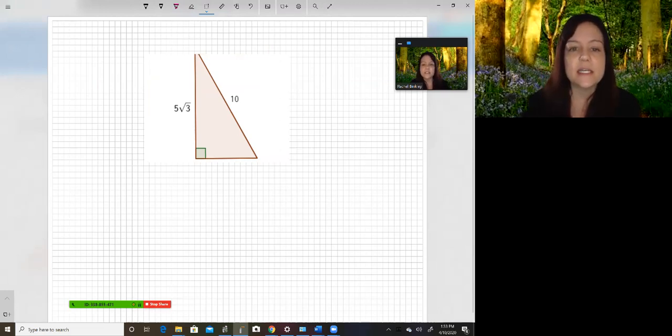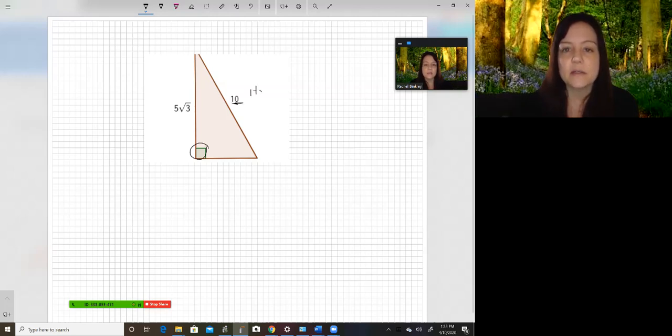So here's a 90-degree angle here, which means that this 10 right here is the hypotenuse. Hypotenuse, sorry, this online pen is going to take a minute to get used to. Hypotenuse, right? I'm not going to spell the whole thing out.